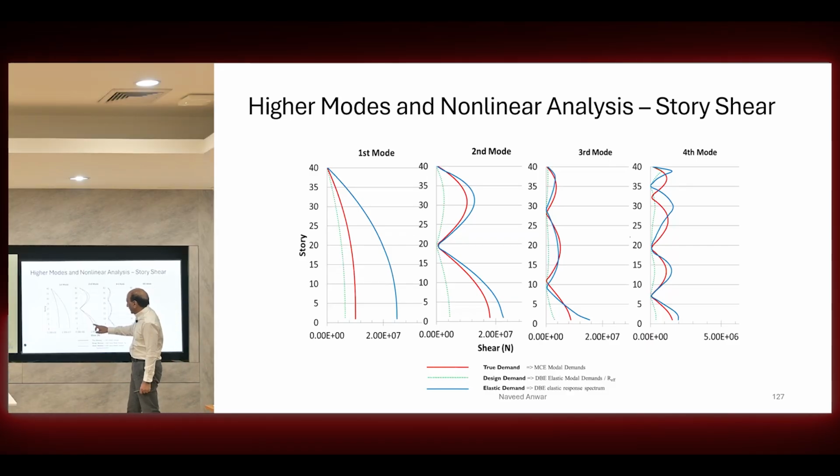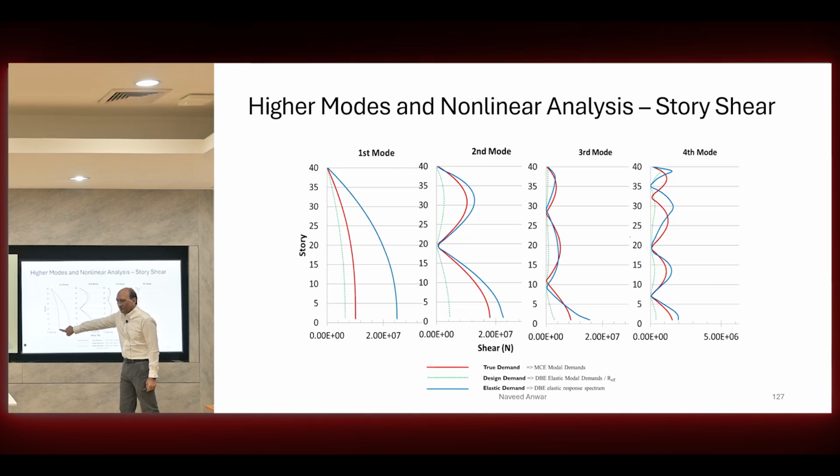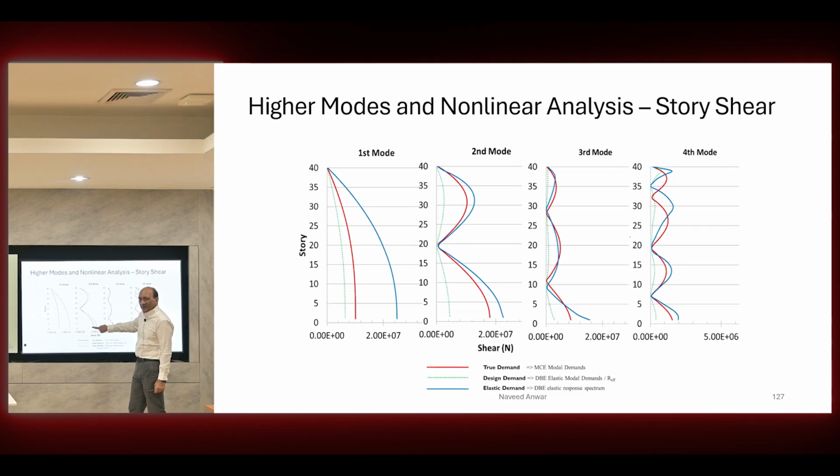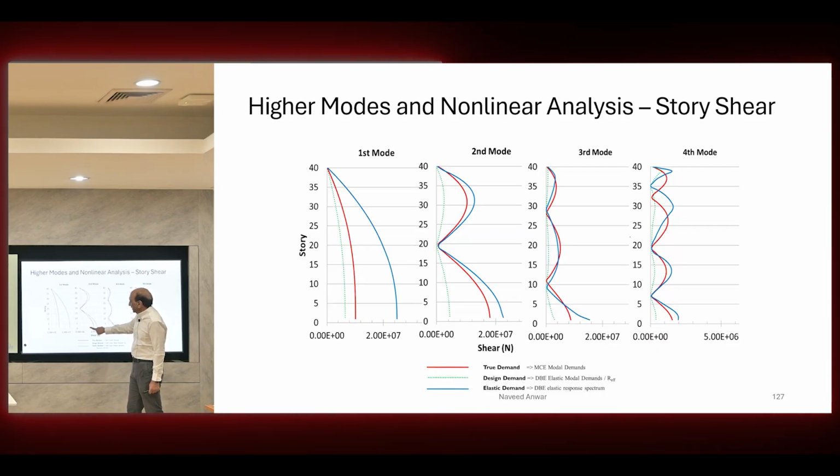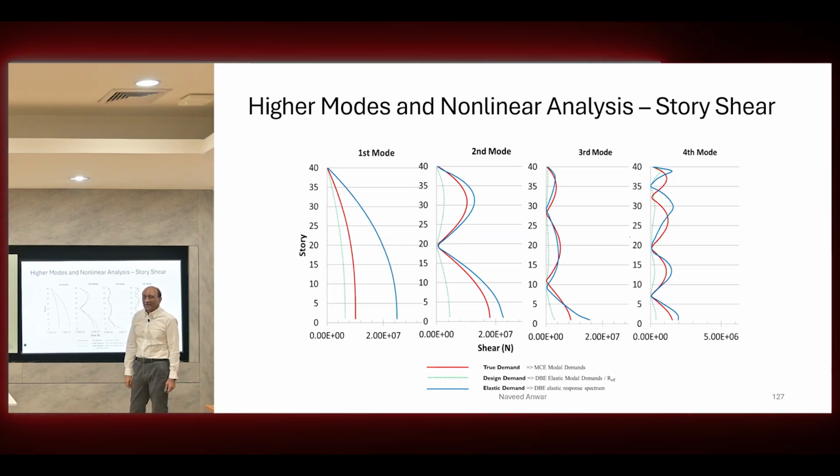So true demand is here, and the elastic demand is here. Now they are very close. Here you had the full R of 5 or 6. Here the R is not there anymore, and here the R is not there anymore. So now the code is giving you a very small design demand, much smaller than the real one.